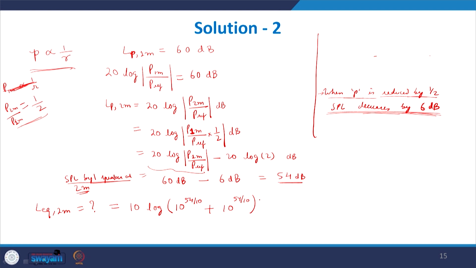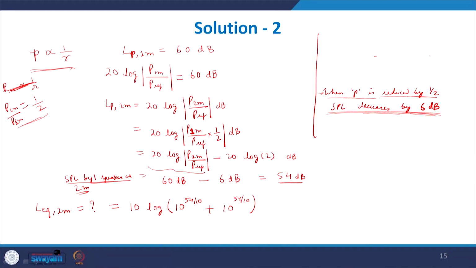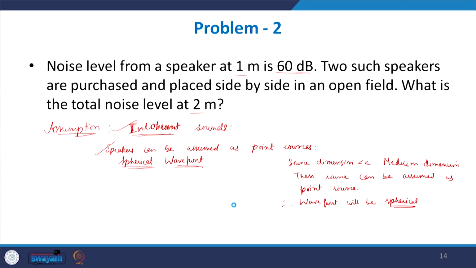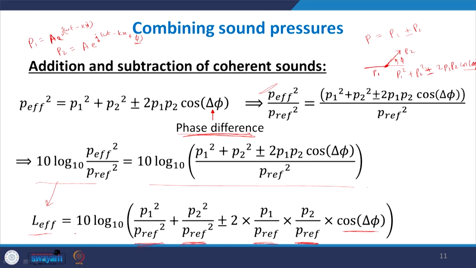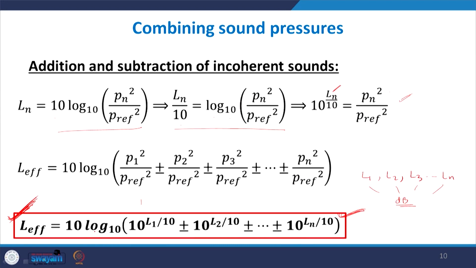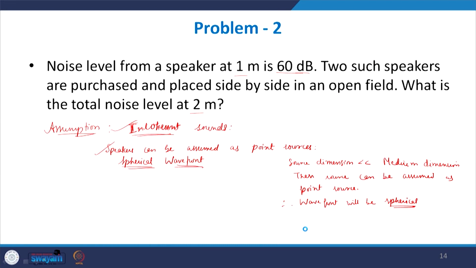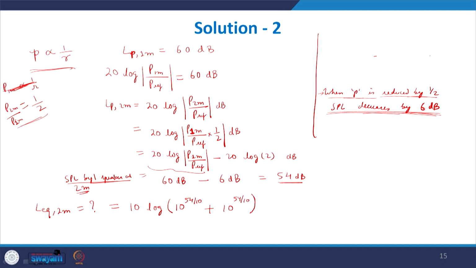So now we have 2 speakers placed side by side, and their total SPL at 2 meters will be 10 log 10 of 10 to the power SPL due to 1 divided by 10 plus 10 to the power SPL due to 2 divided by 10. We have used this formula of combining incoherent sound sources.